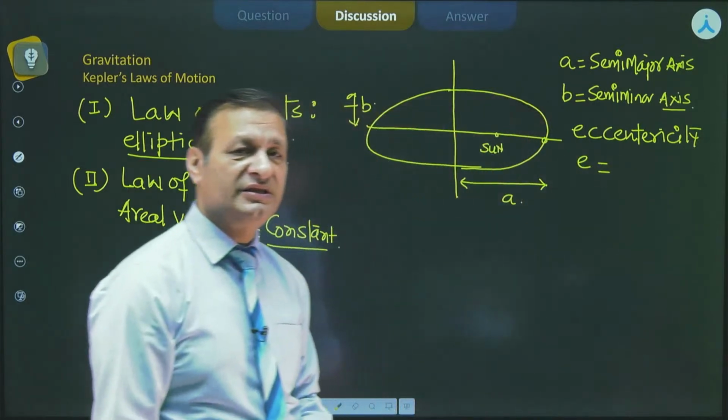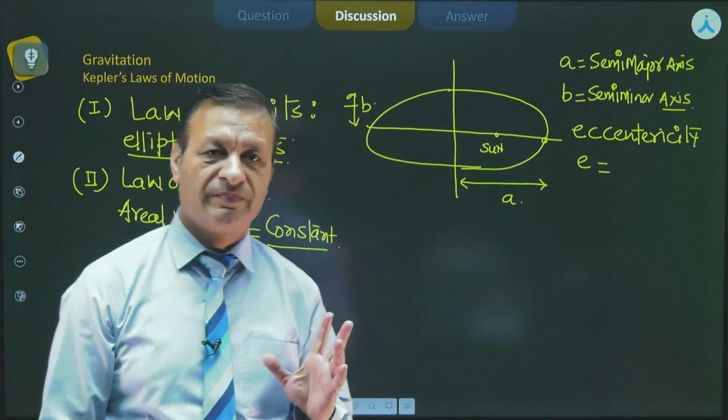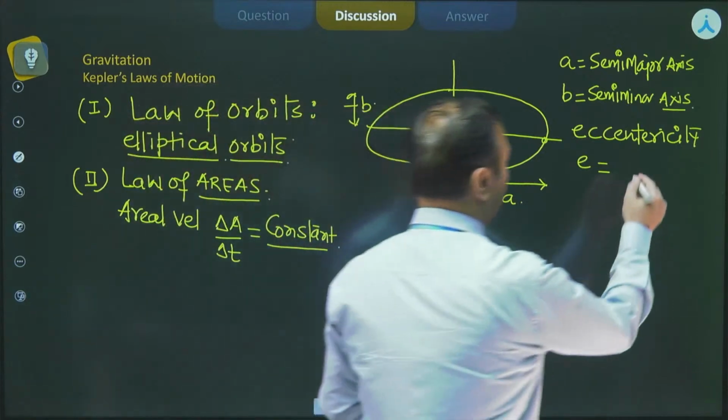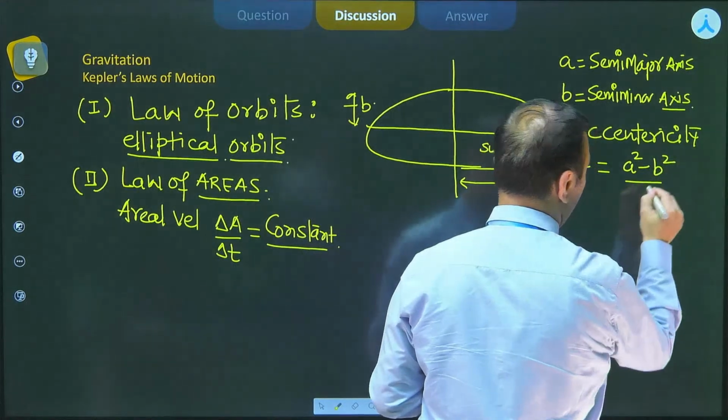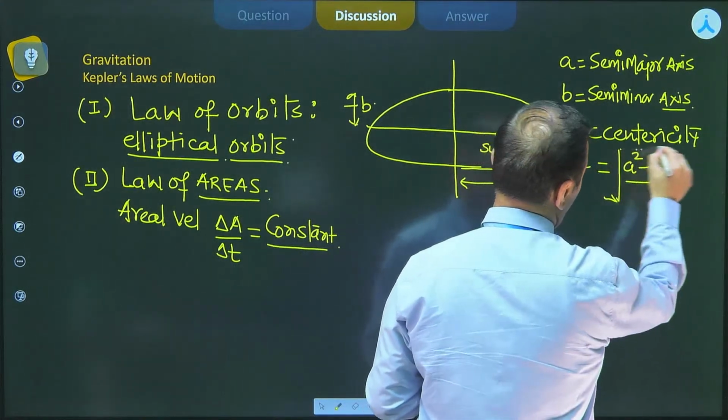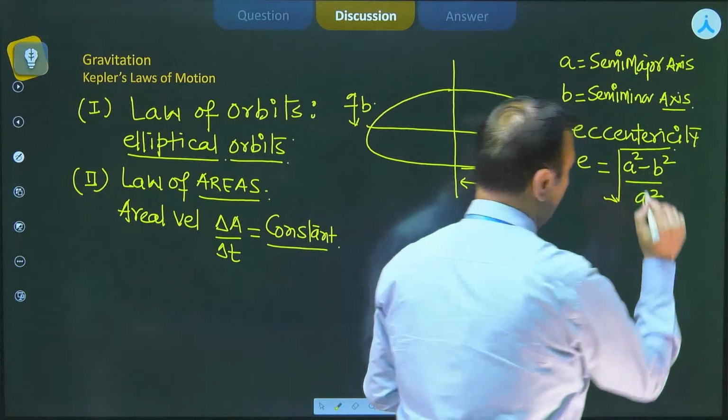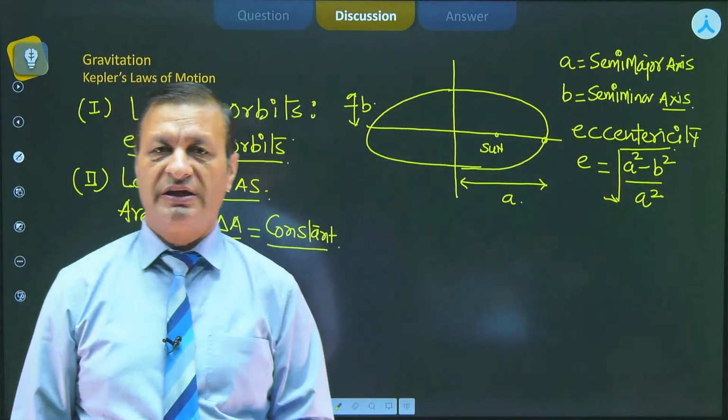This eccentricity is E, and mathematically it is given by the square root of a square minus b square by a square.